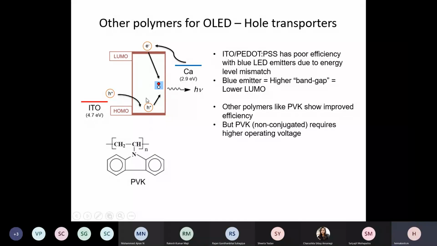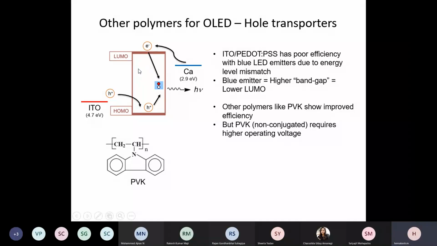Okay, got it. So for blue LEDs, to have the band gap high, because that's what a blue emitter is, you have to have HOMO going down in energy. The LUMO also goes down in energy, but not by much. That's why you would increase the band gap.